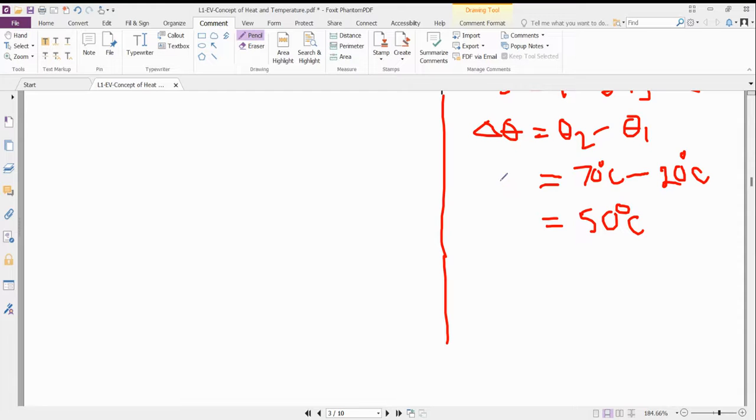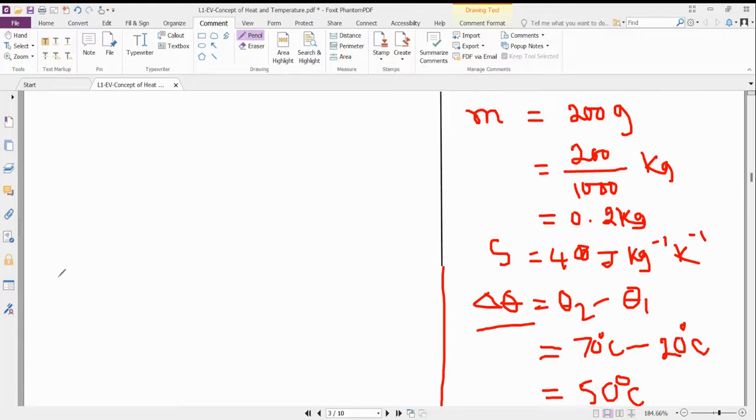But here, keep in mind that this is a temperature difference. So the temperature difference in the two scales, Celsius and Kelvin, is the same. So we can write 50 degrees Celsius equals 50 Kelvin.